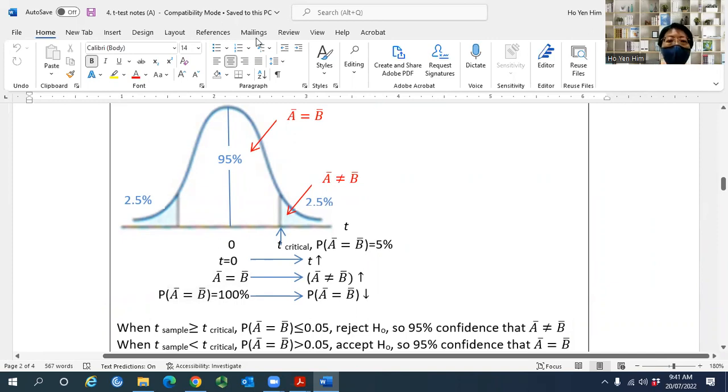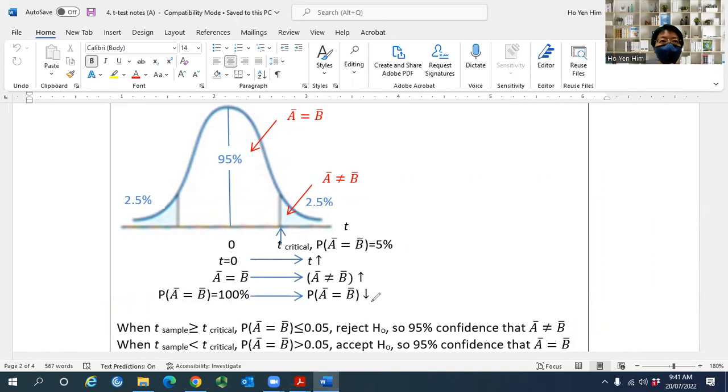As the t-value starts to increase, that means the difference between the mean of A and B will start to increase as well. So that means the probability of the mean of A equals the mean of B will start to drop. So we know that those data at the end of the graph are the extreme data that are very far from the mean.